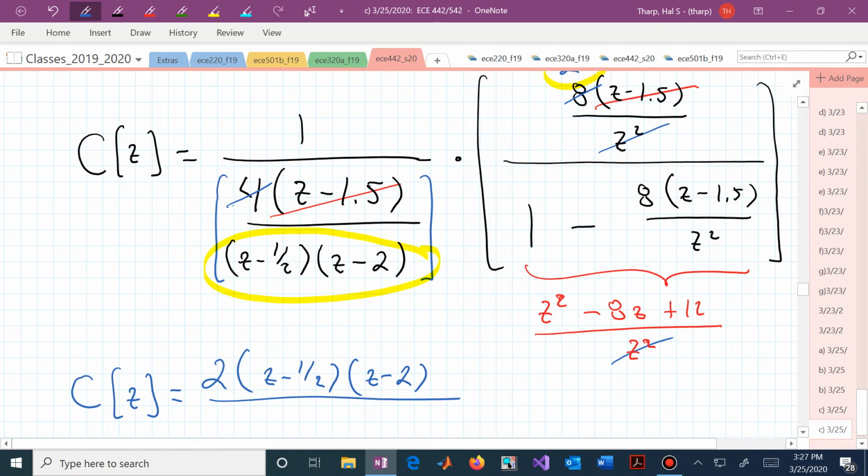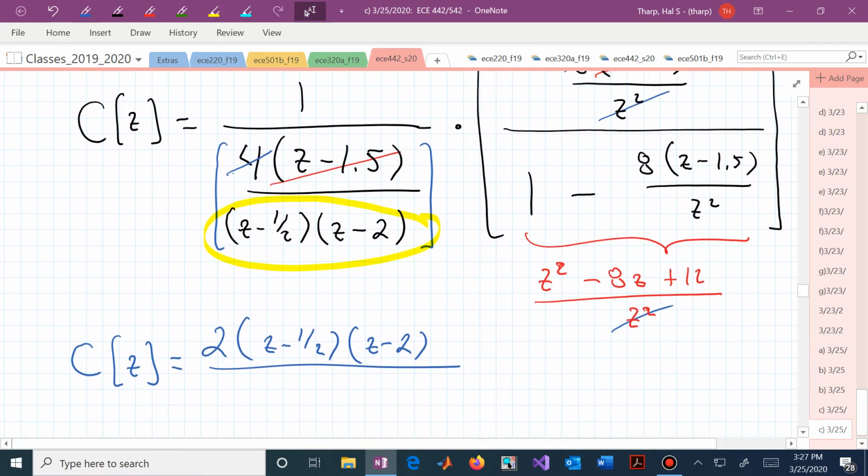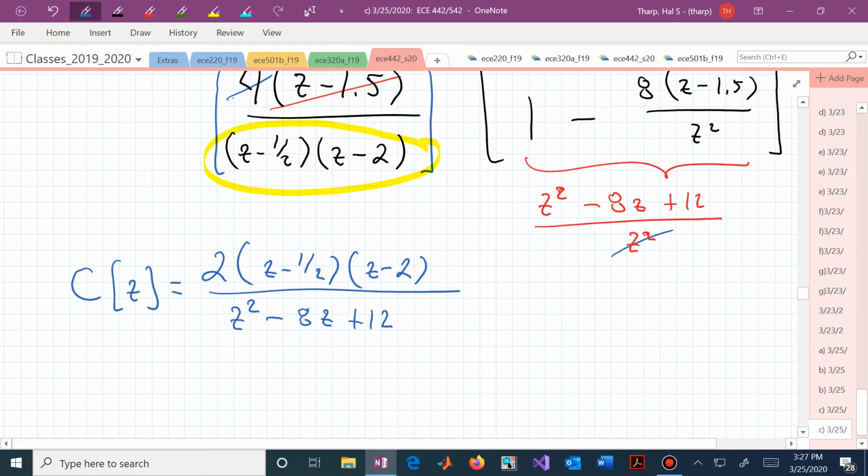That doesn't look good because, well, let's see. We had an open loop unstable pole at 2, and that's going to cancel it unless we've now canceled that effect, which we have done by restriction 3. We now have downstairs z squared minus 8z plus 12, and that actually can be factored as z minus 6 and z minus 2.